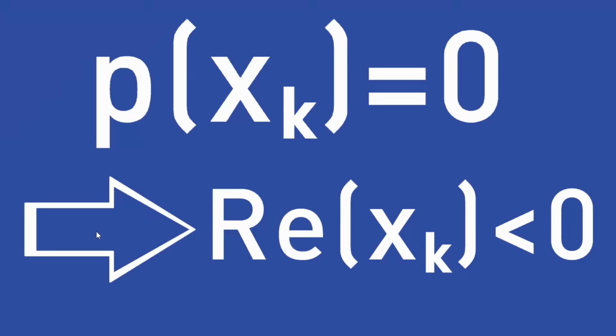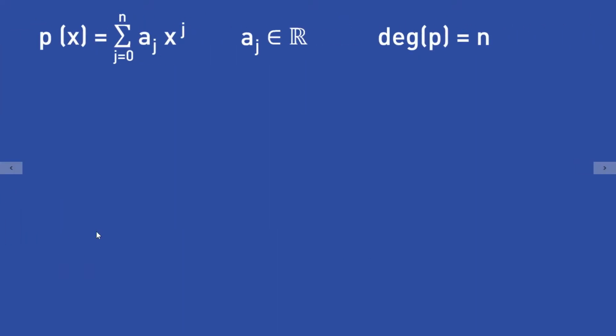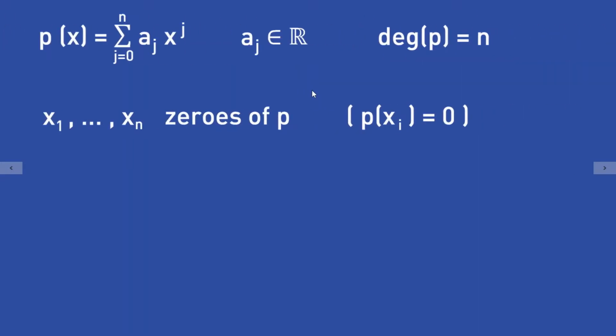The Routh-Hurwitz criterion is a criterion that tells you when the real part of all zeros of a given polynomial is negative. So, you have a given polynomial p with real coefficients. You know that this polynomial has exactly n zeros in the complex field.